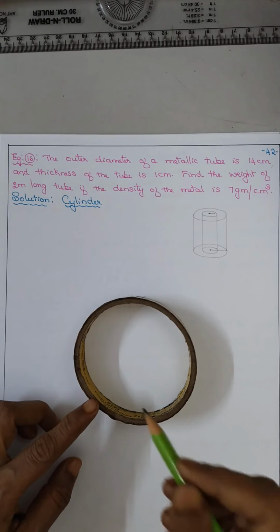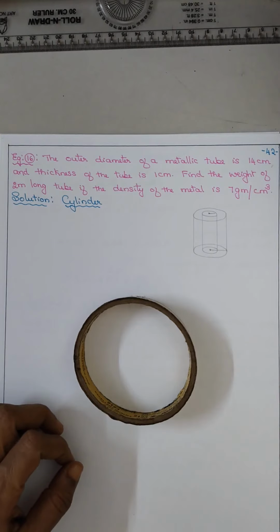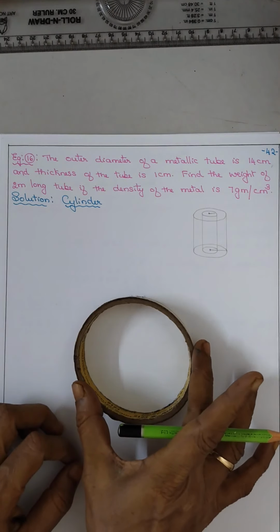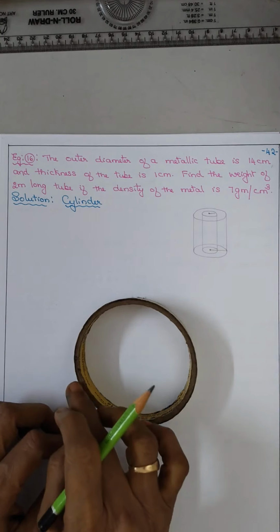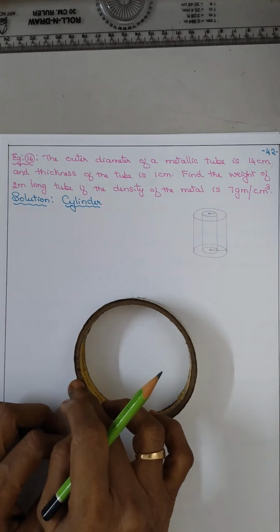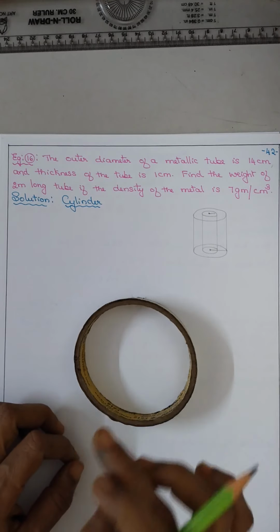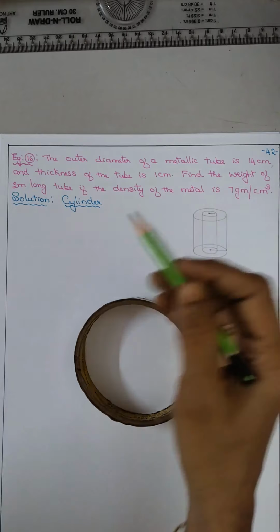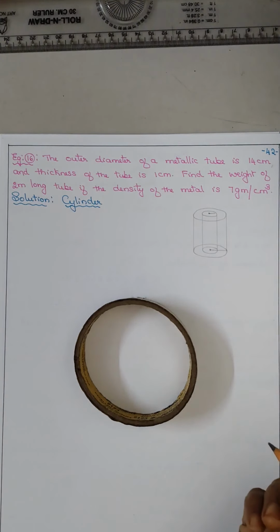So from that you can find out the inner radius. Here we want radius. So outer diameter is given. So first find out the outer radius. Thickness is there, so you find out the inner radius. Then the weight of 2 meter long means the height is 2 meter and the density of the metal is given.